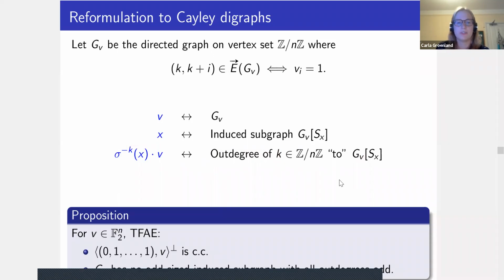I won't go into detail of how this works, but what we do get is that the following two statements are equivalent. The fact that this subspace is cyclically covering, what we were interested in, and the Cayley graph that we define for the vector v having no odd-sized induced subgraph with all outdegrees odd. And all outdegrees odd, we could also replace with all indegrees odd.